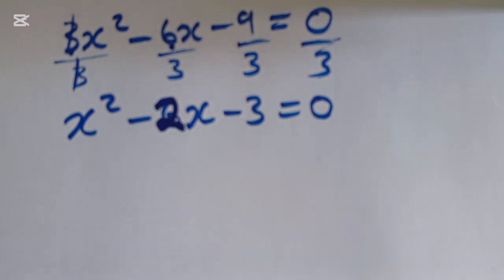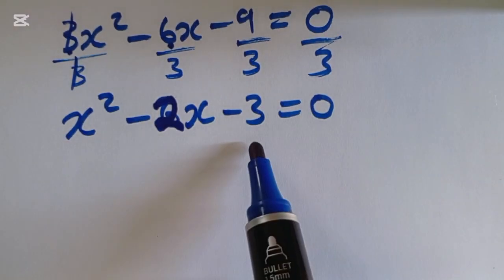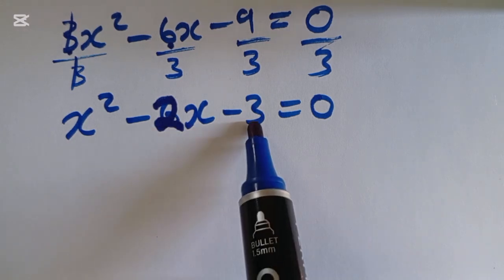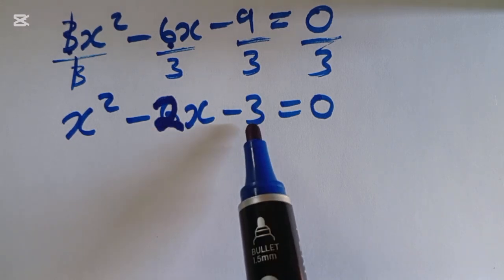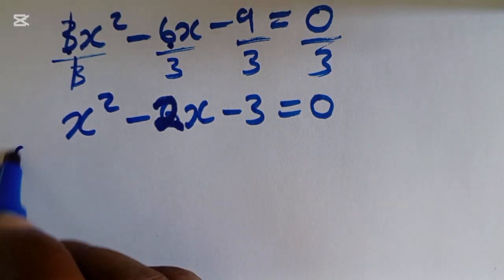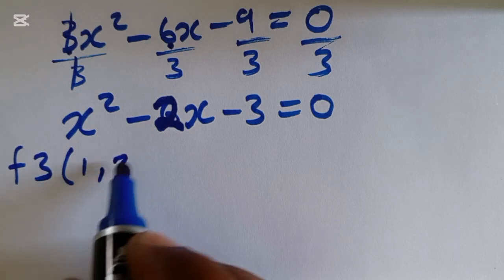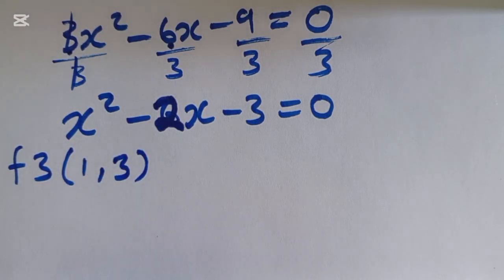So from there now, this is quadratic factorization. So this is sum, this is product. So we are going to find the factors of 3. Factors of 3, we have 1 and 3. So from here we are going to have two numbers. When we add, we are going to have negative 2.